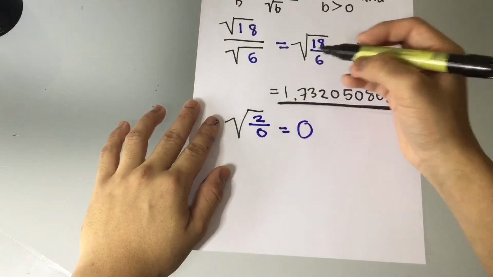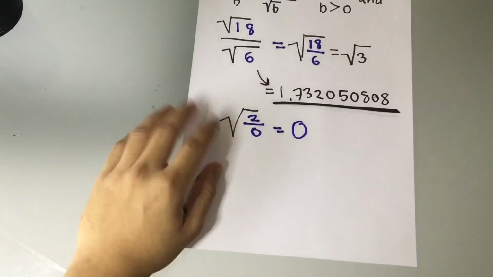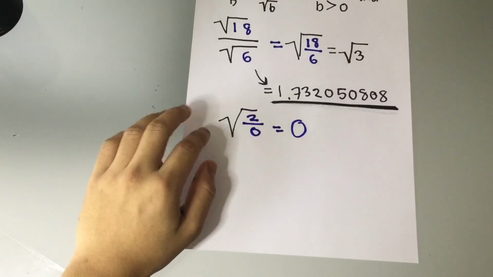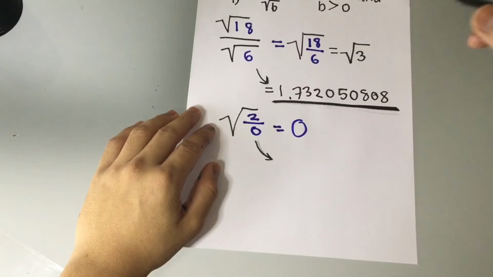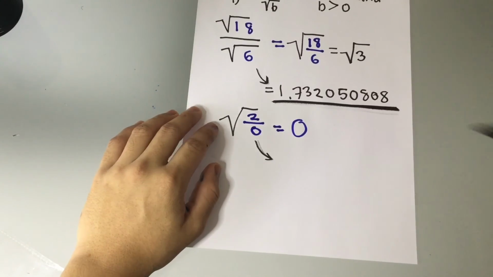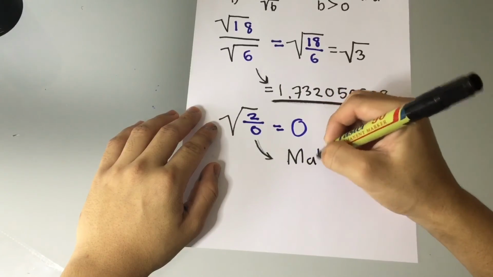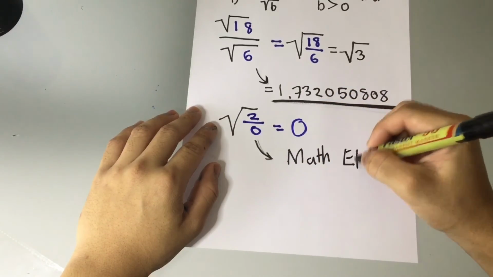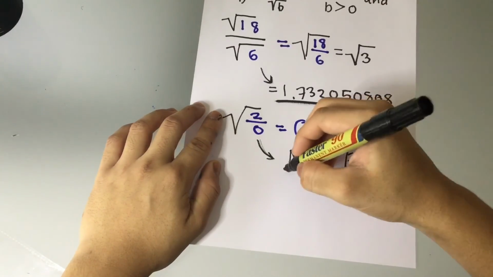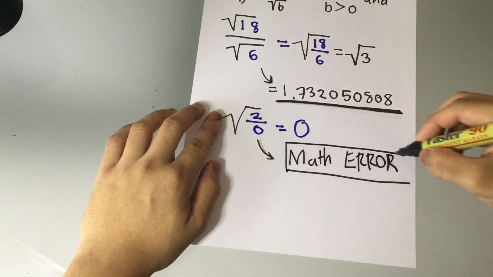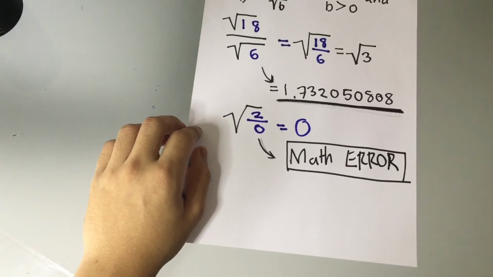When you put this inside your calculator, your answer is going to show math error, because it does not fulfill the rules to have a surd here. The denominator 0 is not bigger than 0. It is 0.